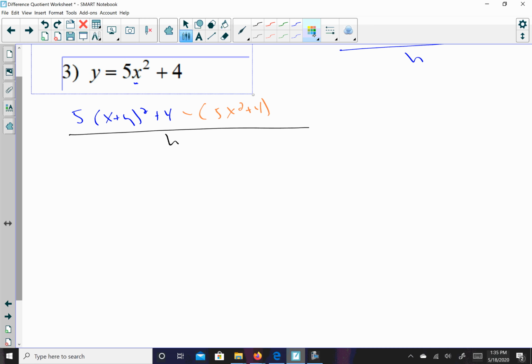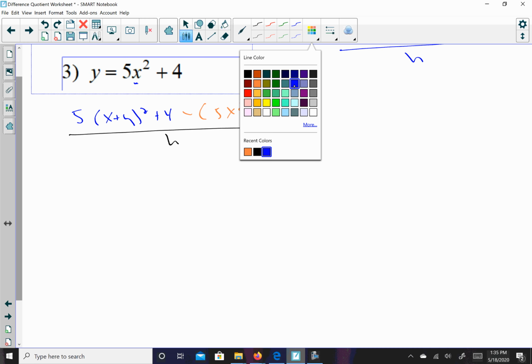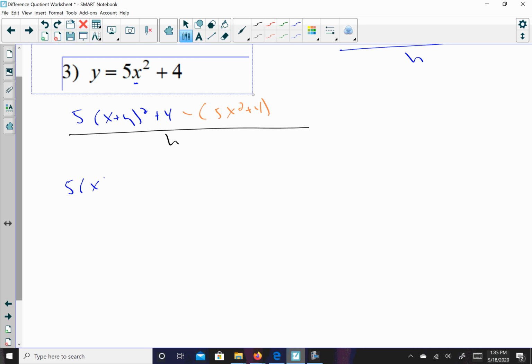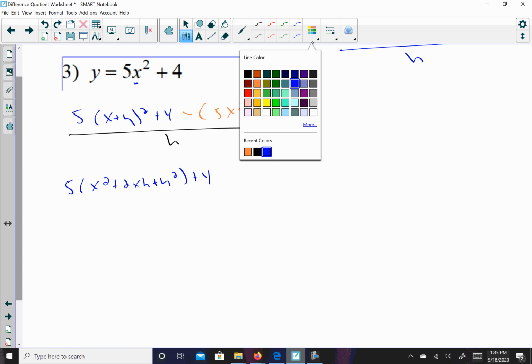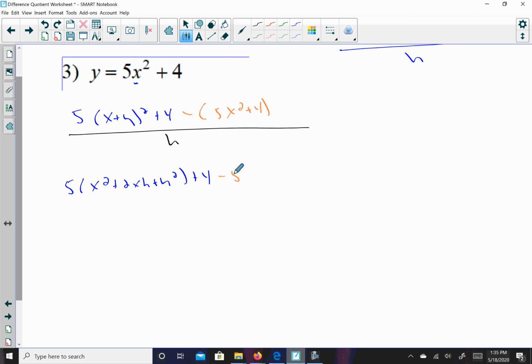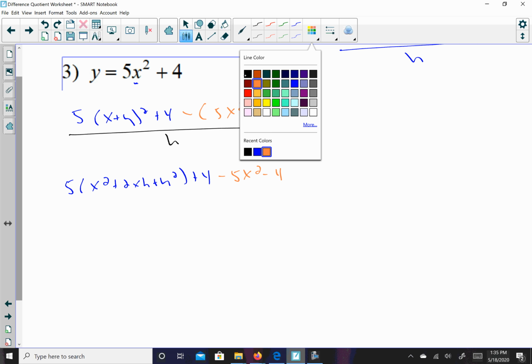This, remember, we just said is going to be the same each time: x squared plus 2xh plus h squared, and then there's that plus 4. Distributing my negative sign, this will be minus 5x squared minus 4, and this is all over h.